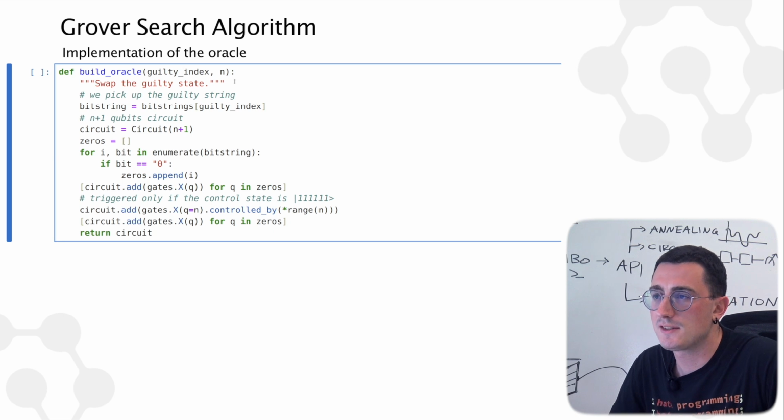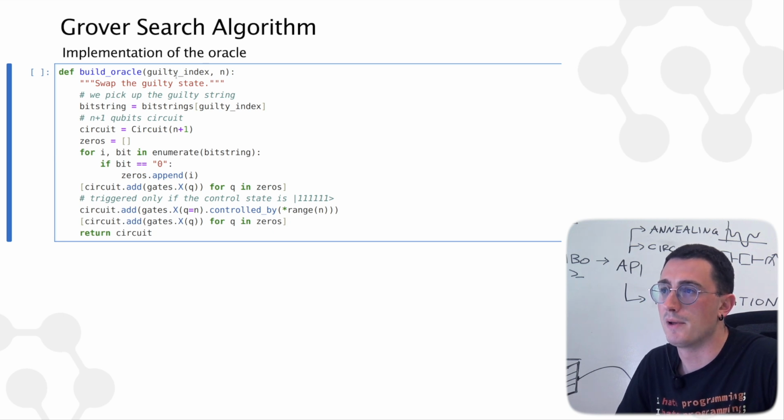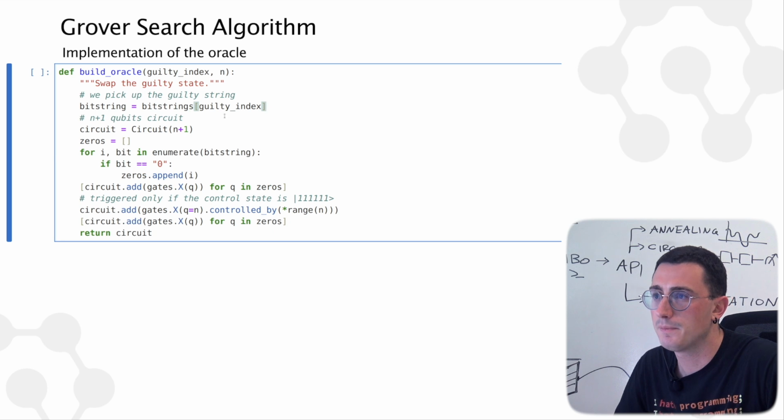The correct bit string is the one that corresponds to the guilty index in the bit strings list. Then we set up a circuit composed of n plus 1 qubits, input register plus ancilla.